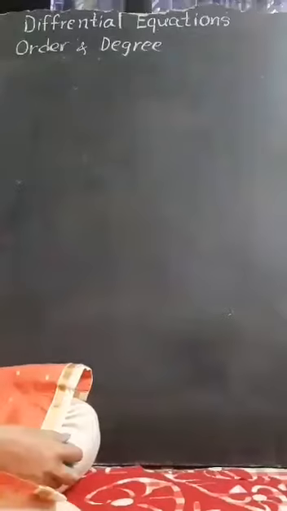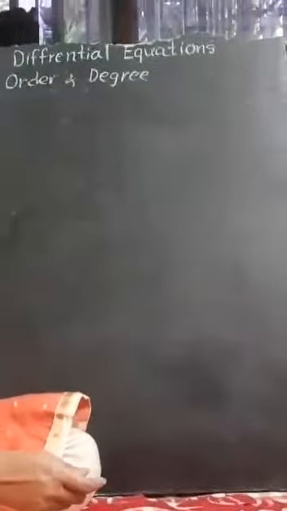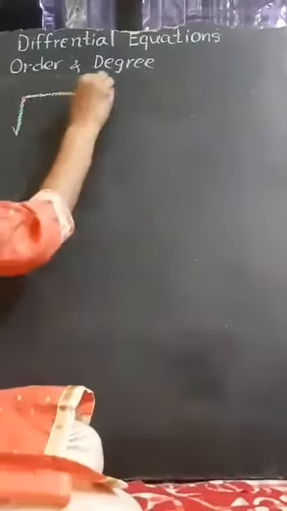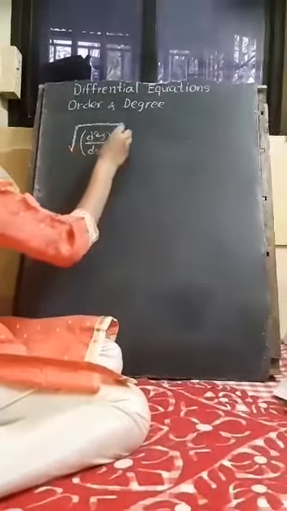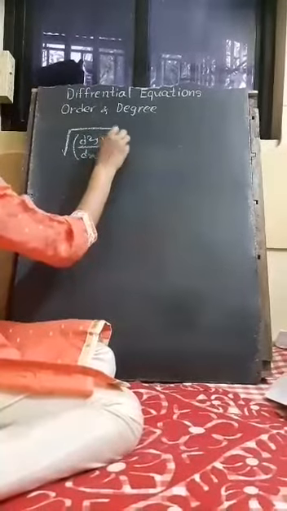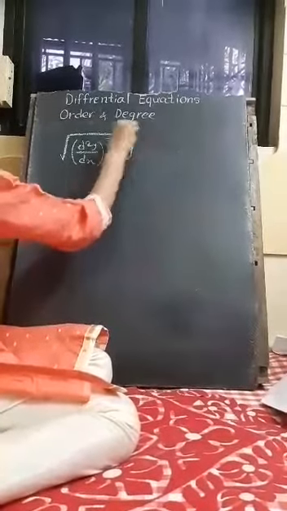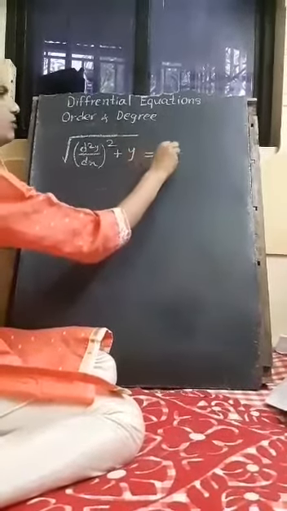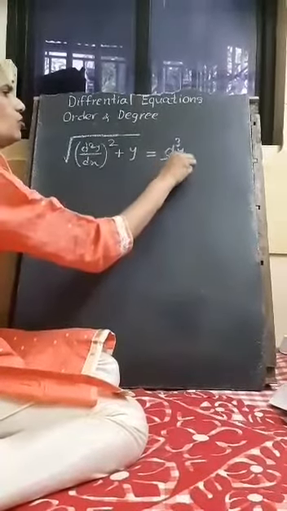Okay, as I have taken only one sum of radical, I will take more sums of radicals. So suppose it is square root of d square y by dx square plus y is equal to d cube y by dx cube.